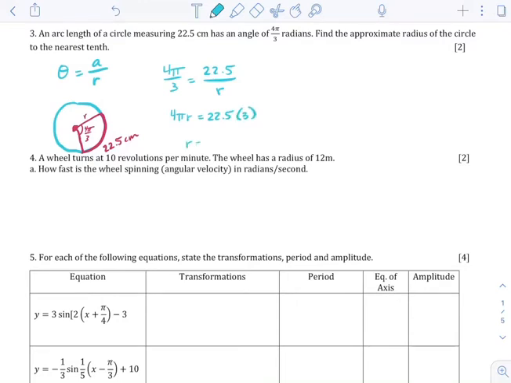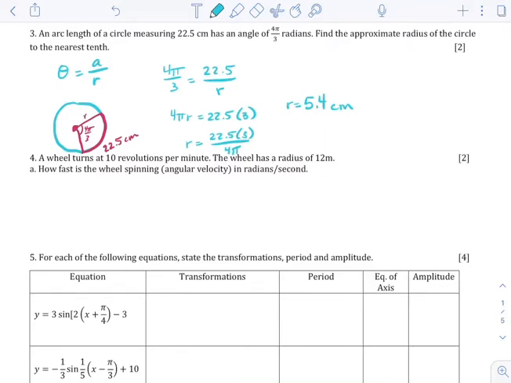And if I divide both sides by 4 pi, we get 22.5 times 3 divided by 4 pi. So when I put those into my calculator, I'm going to get 5.37. Because it says to the nearest tenth, 5.4 centimeters. And that's that one.